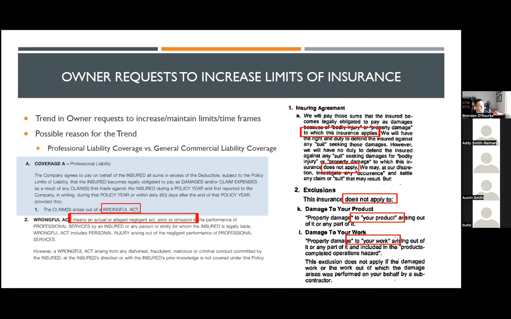And it's frustrating, I get it. But the reason, again, I think that we're seeing a lot more requests by owners to get additional insurance coverage out of the design professional is they know that if a claim arises, they want that money to be available through the architect or engineer.